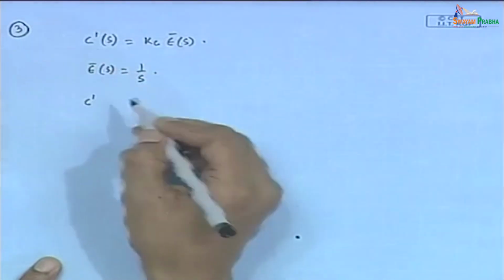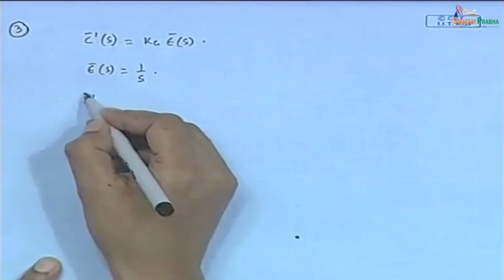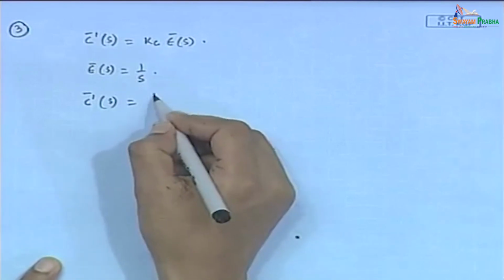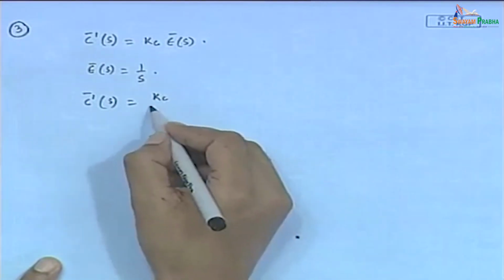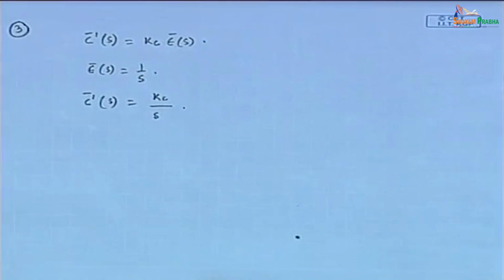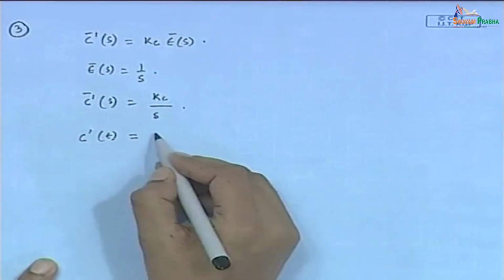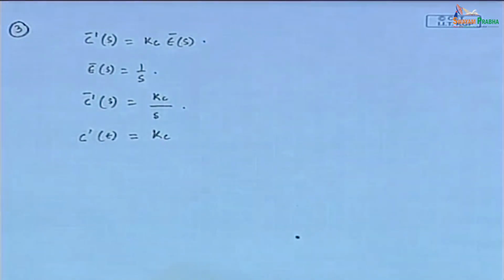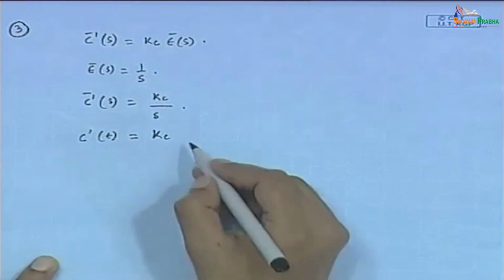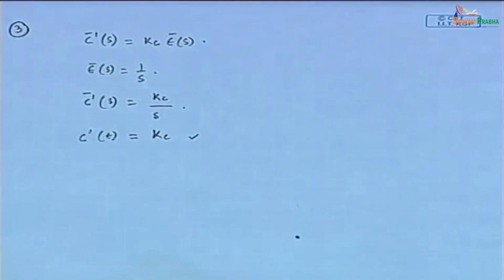Then the controller equation yields C bar prime(s) is equal to Kc by s. Now, if we take inverse of Laplace transform, we obtain C prime(t) equals Kc.